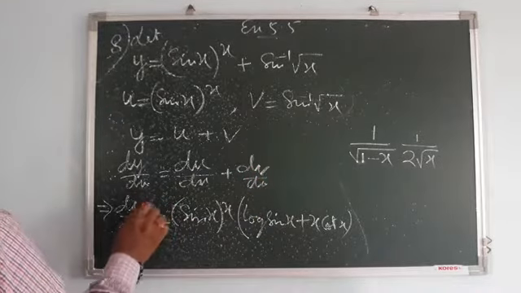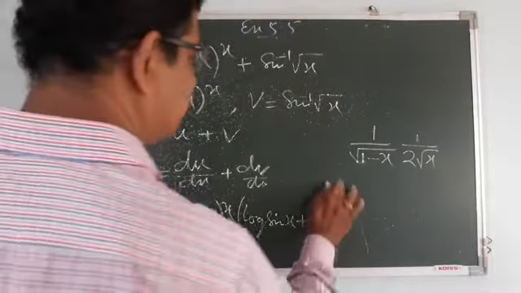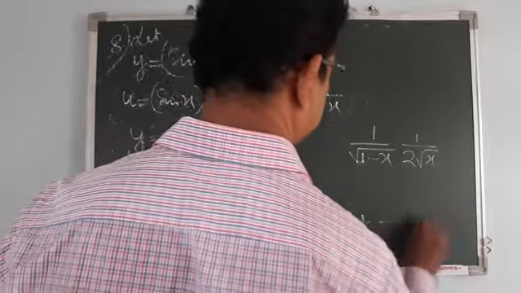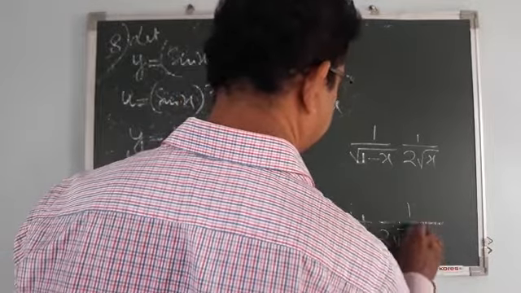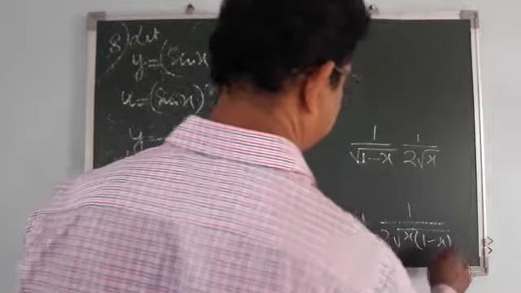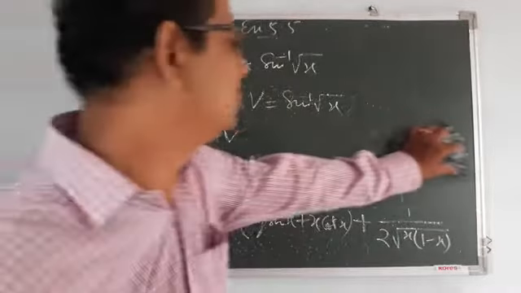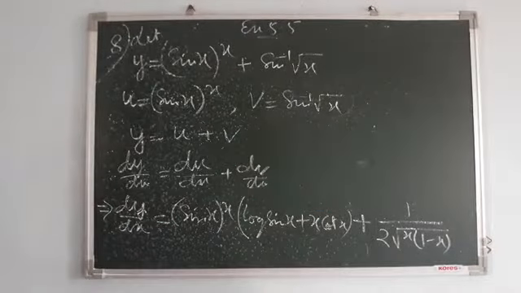So dy dx, it will be du dx, which is this, plus 1 by 2 root x into 1 minus x. So this is the value for our question number 8. So question number 8 we have finished.